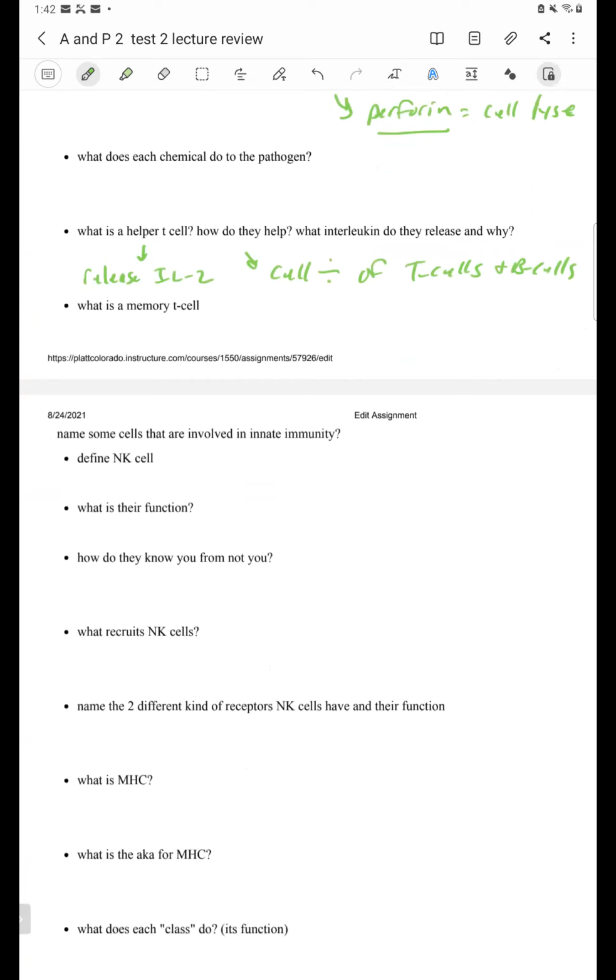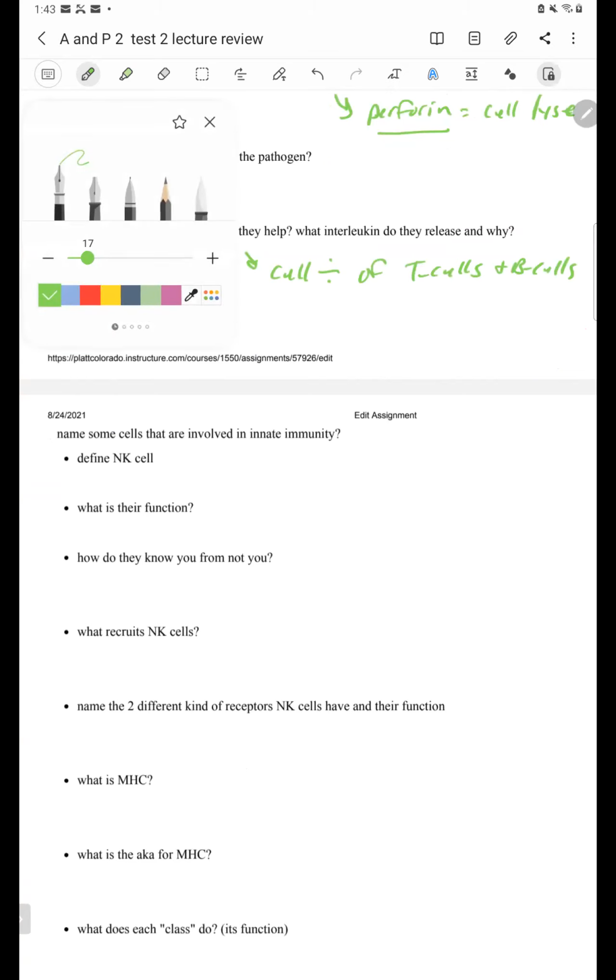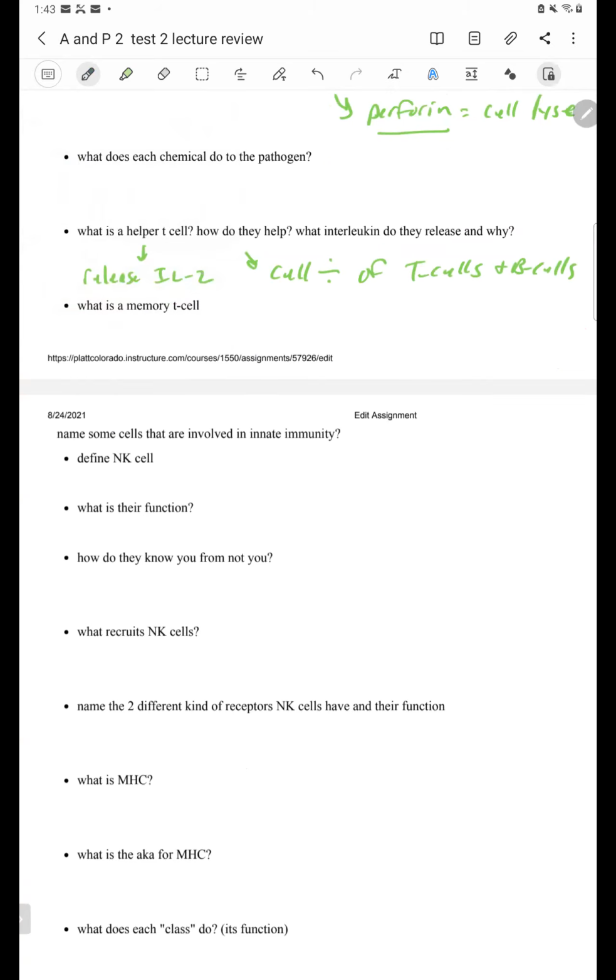A memory T cell remains, well, first of all, once you create them, they remain dormant until that antigen presents itself. I emphasize that antigen because these are specific, right?